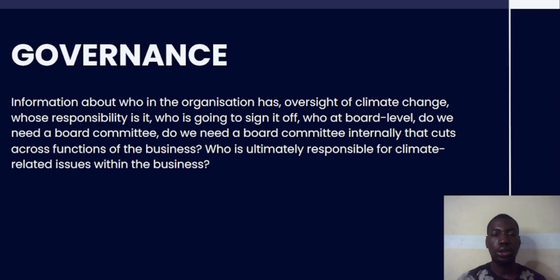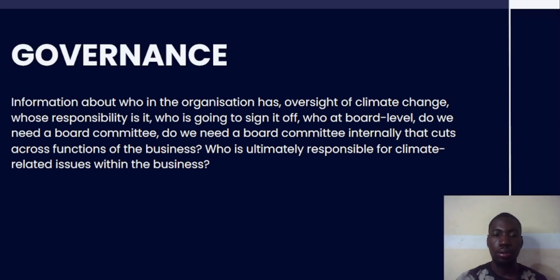The governance-related disclosure requirements help primary users understand the entity's governance processes, controls, and procedures that the entity uses to monitor and manage sustainability risks and opportunities. So the key activities under governance include describing the board's oversight of climate-related risks and opportunities, or describing management's role in assessing the risks and opportunities.